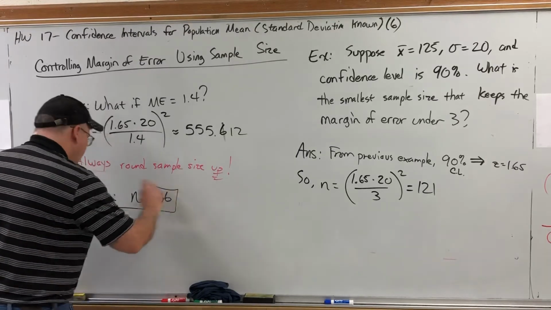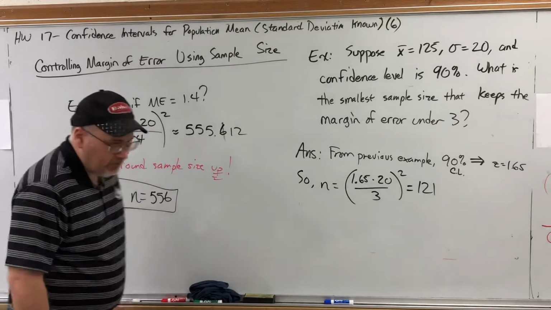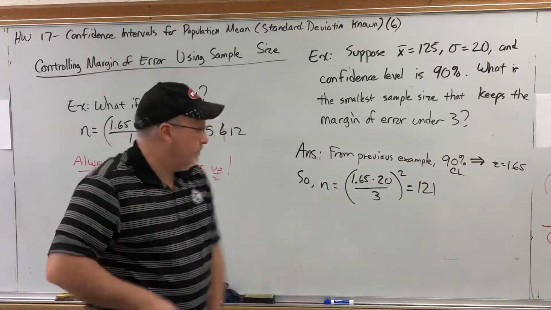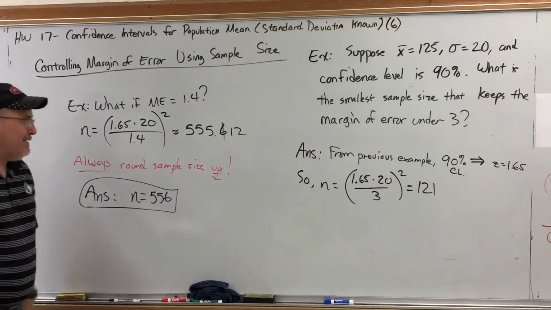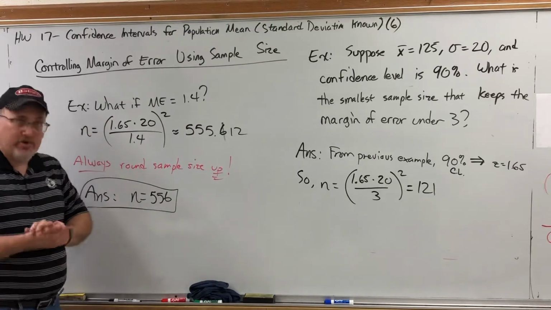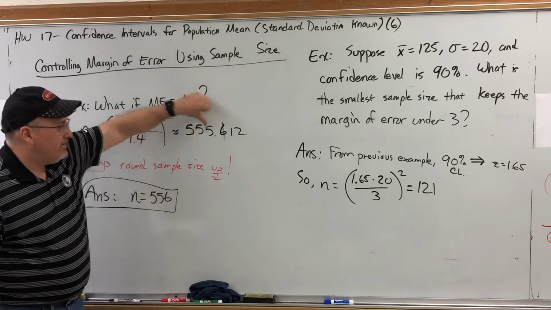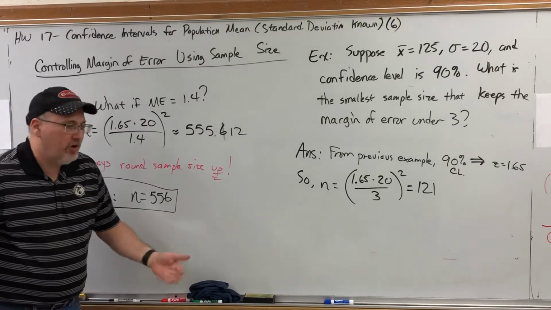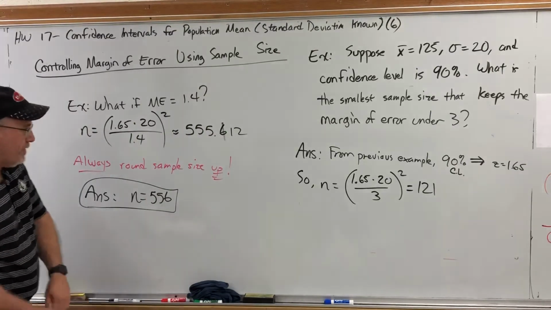And the reason you always round up is simple. When sample size goes up, margin of error goes down. This is the sample size that gives you the desired margin of error. If I were to round it down, it would put the margin of error up. You never want to make margin of error larger. You'll always accept a smaller one though.